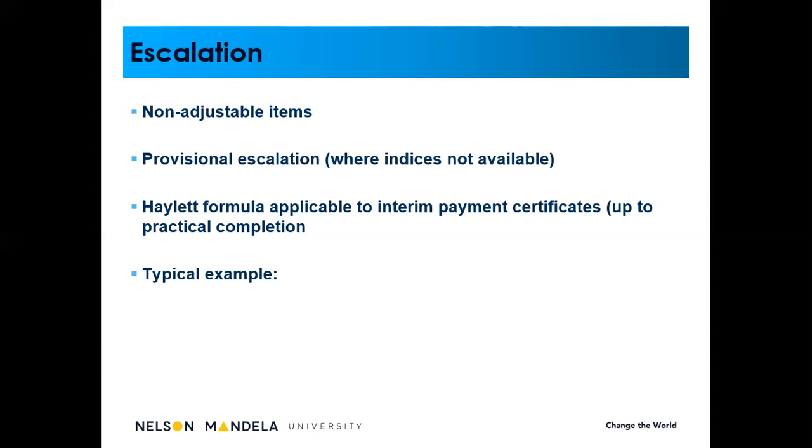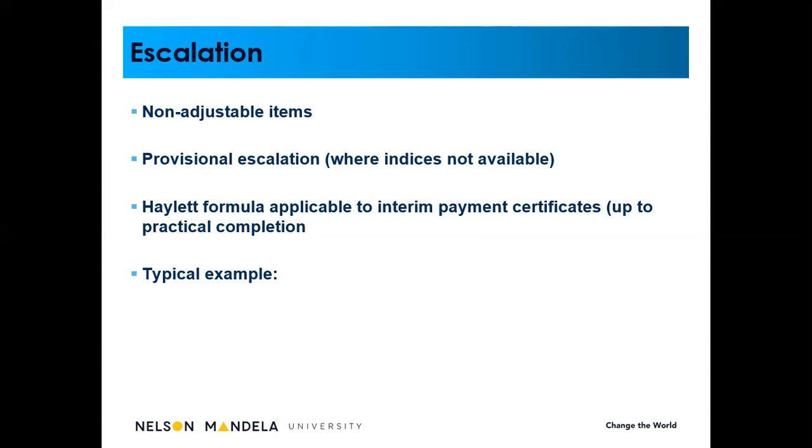In other words, from certificate 1 right up till the payment certificate at practical completion. At practical completion, we hand over the project to the client and the contractor moves off-site. So the highlight formula is applicable up till that point in time.